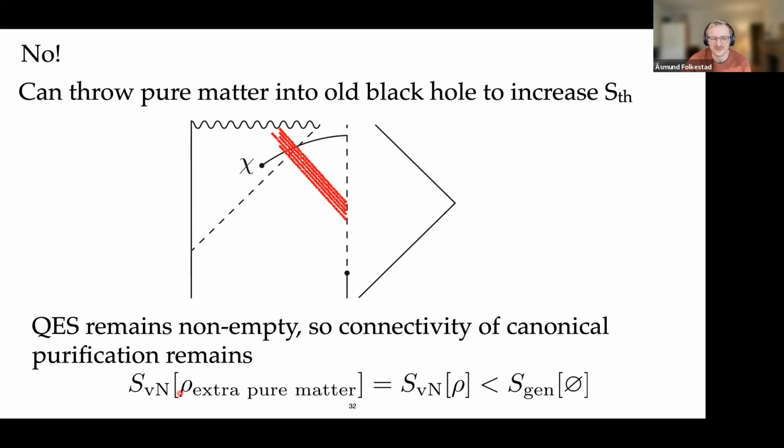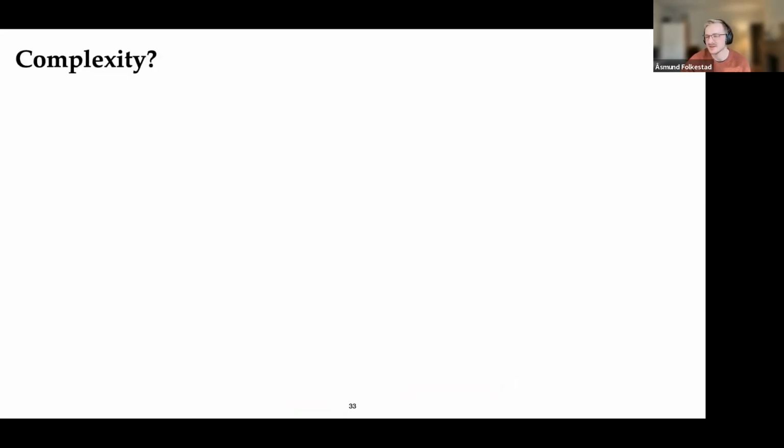The fine-grained entropy of rho of the black hole with some extra pure matter is the same as the fine-grained entropy of the black hole before we throw in the matter. And we know that after Page time it's less than the generalized entropy of the empty set. So the empty set cannot suddenly become the dominant QES in this situation. So delta S cannot be a good diagnostic.